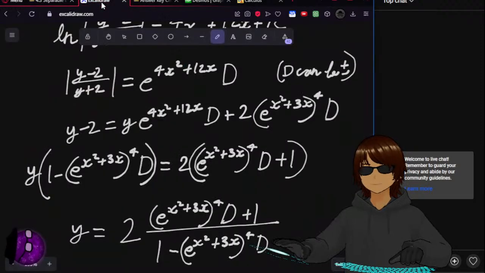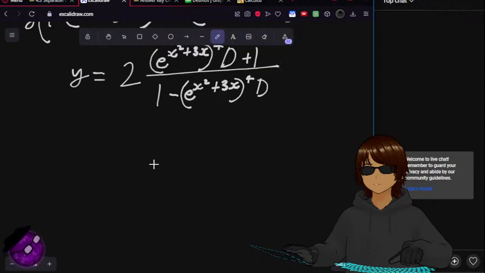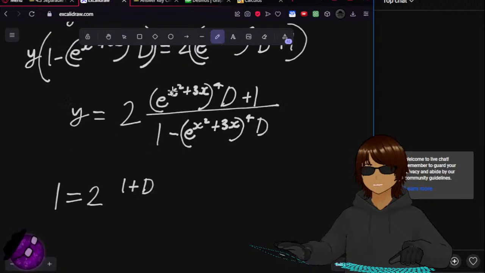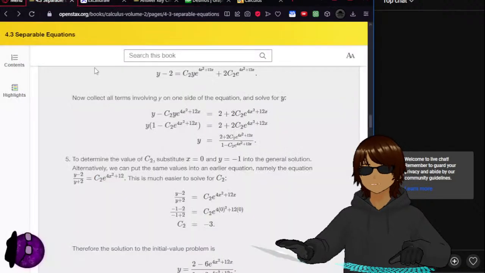And then y0 is equal to 1. 1 is equal to 2 times 1 plus 0, 1 plus t, and then 1 minus t. Is this correct?